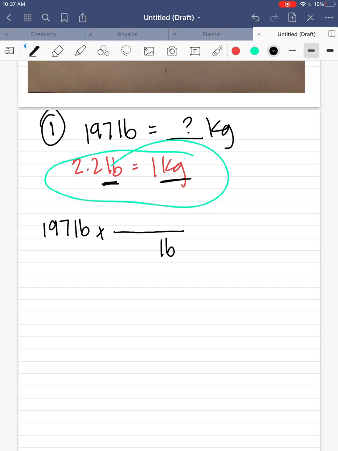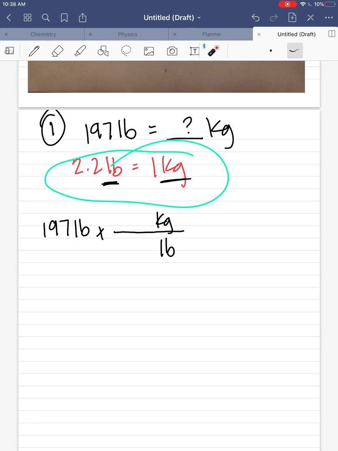Whatever you're looking for is going to go on the opposite side of where you decided this unit is going. Sometimes it may be flipped. Maybe you need the kilograms on the bottom, maybe on the top. It depends on the situation. But whatever you decide, the other unit that you're looking for will go on the opposite side.